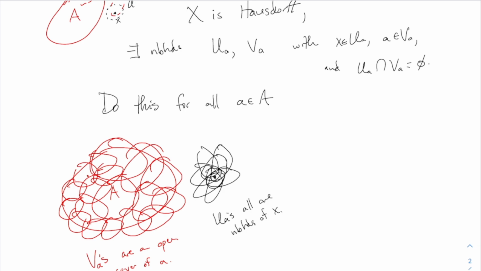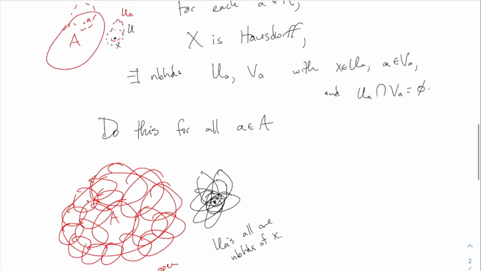Each of these neighborhoods is disjoint from the corresponding one over here. Okay. They come sort of in pairs. Just like up there, I drew one of them over here, and it comes together with one over here. So each one over here has its sort of twin over here, and those two are disjoint, but the different ones over here might overlap with one another. Even if they're different points within X, though?